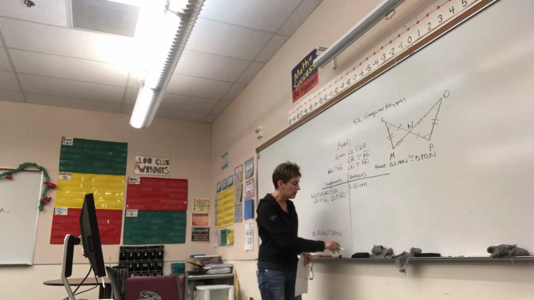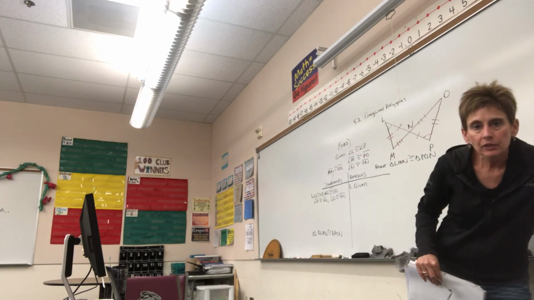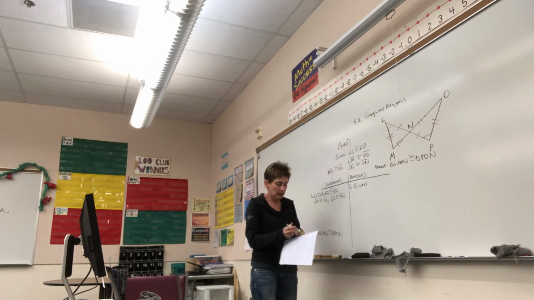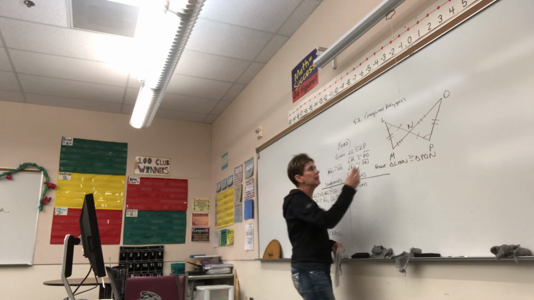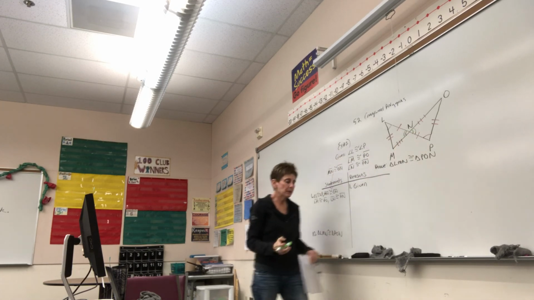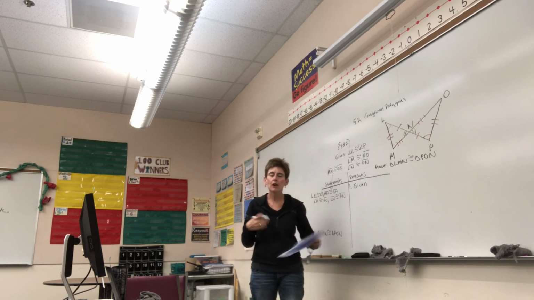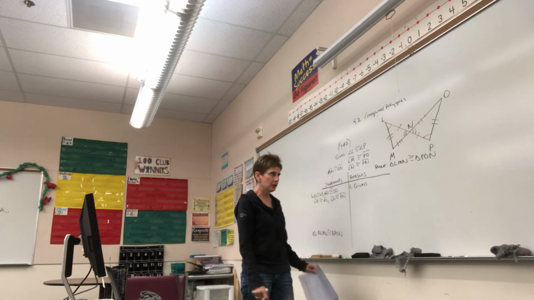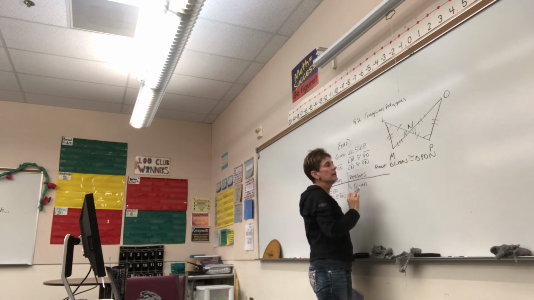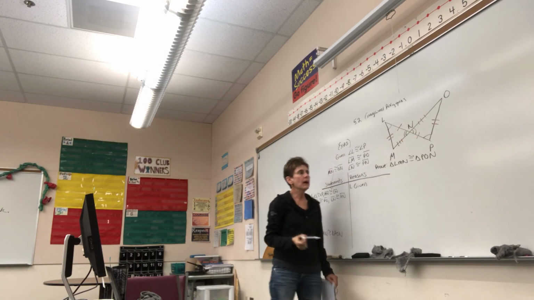So this is where we're going to tie in stuff that we have been learning up until now. If we look at this triangle right here, can somebody tell me why these 2 angles are congruent? This is something we learned in chapter 1, and I remember telling you we were going to use it hundreds of times this year. Why is it that angle LNM would be congruent to angle PNO? Why would they be congruent?